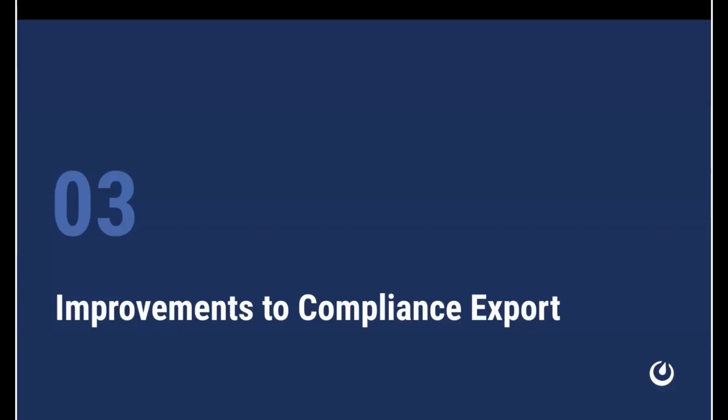Okay. So compliance export. This actually originated from having to debug the ServiceNow issues with compliance export, and we went ahead and made a bunch of improvements. First of all, the job progress indicator was completely broken.